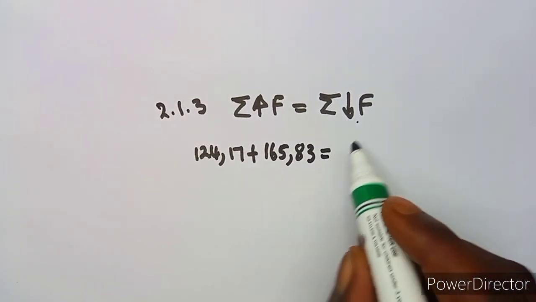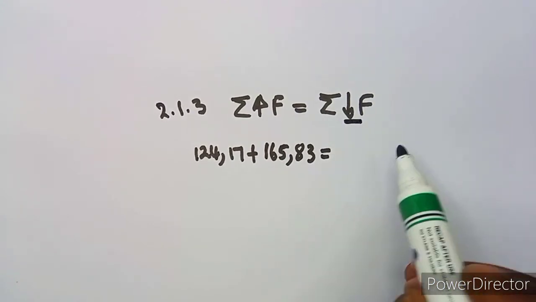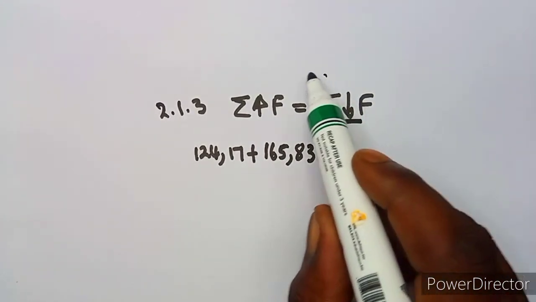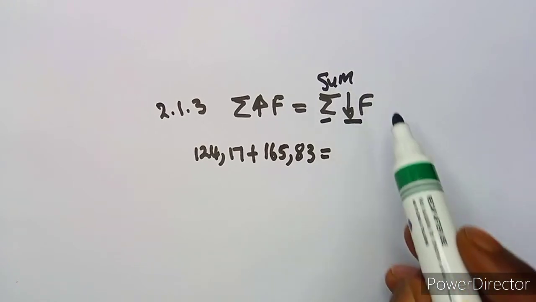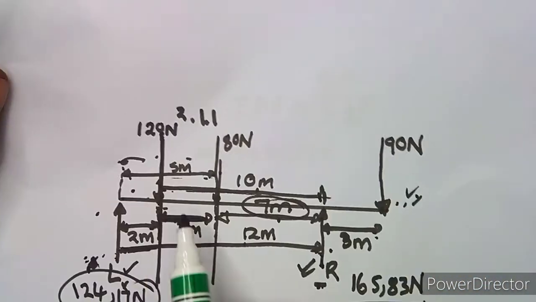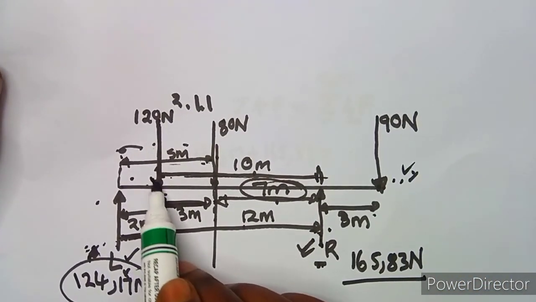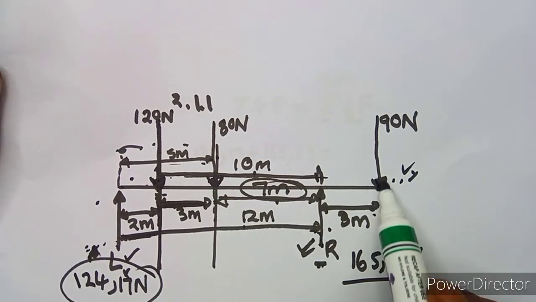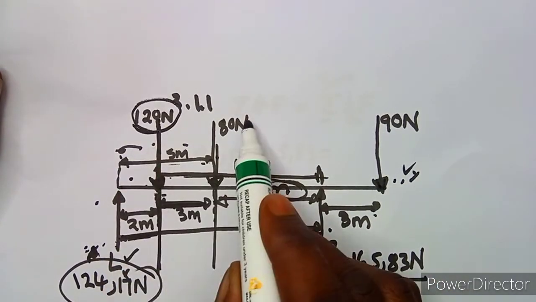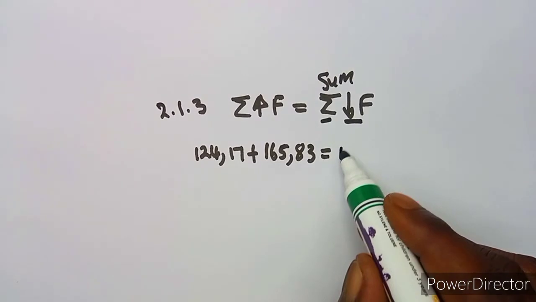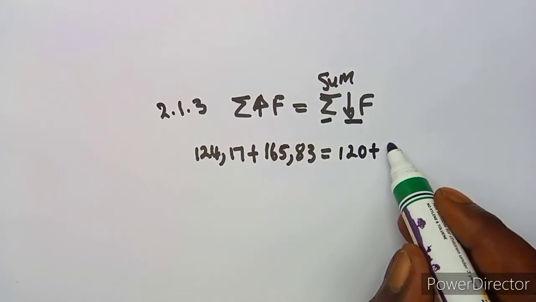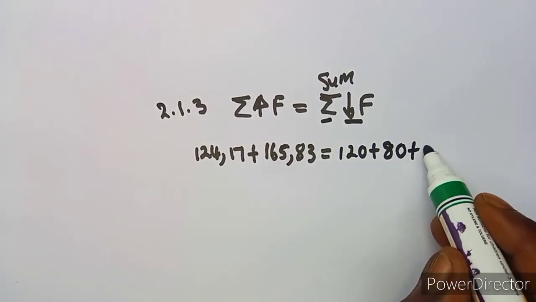Okay, so it's going to be equivalent to the sum of the downward. Summation means sum, okay, from your mathematics. So these are the ones which are facing downwards, the other forces. So we're going to add 120, 80 and 90, like this.